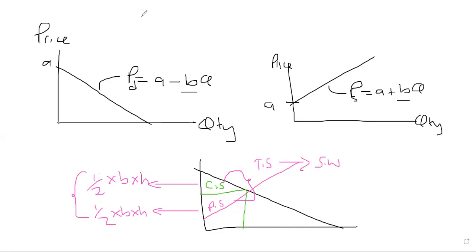So in economics, you must have the ability to know how to sketch graphs. Even without putting a suffix here, we can know that this is a demand function because of the negative slope.